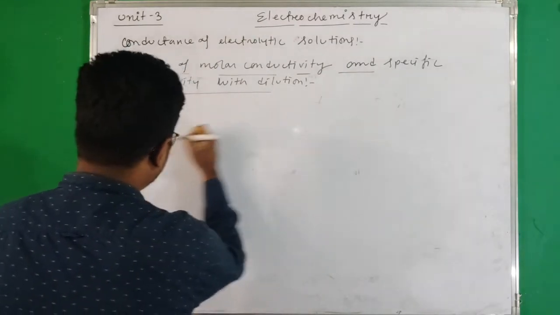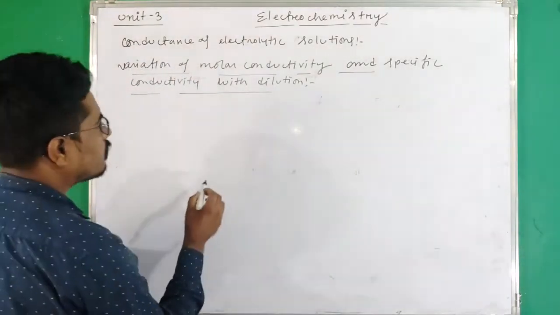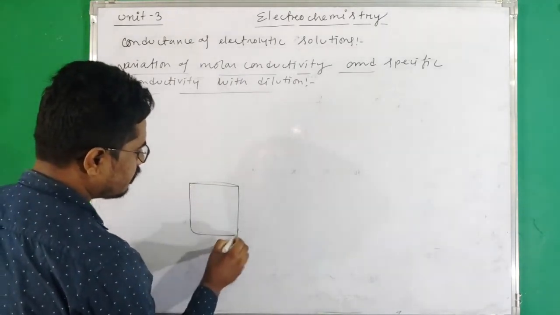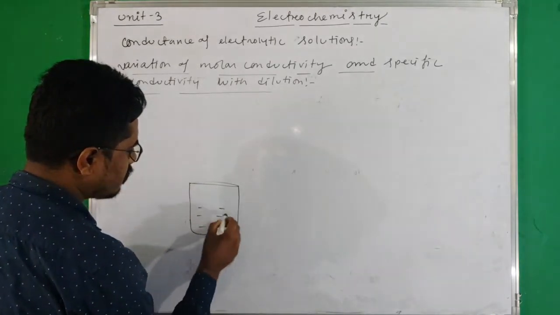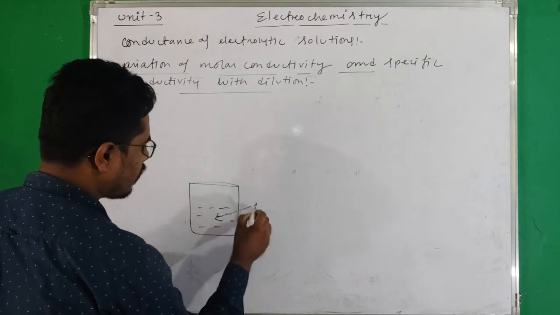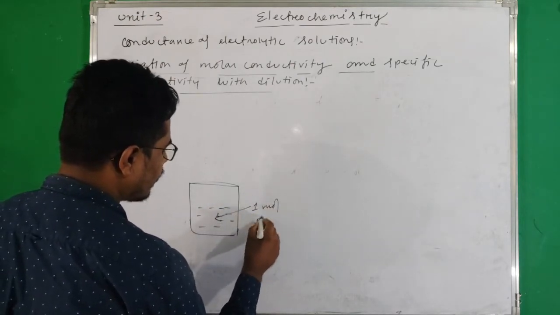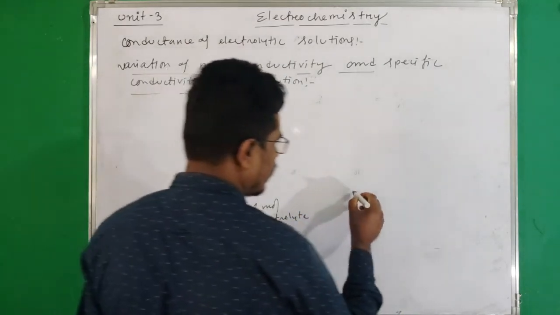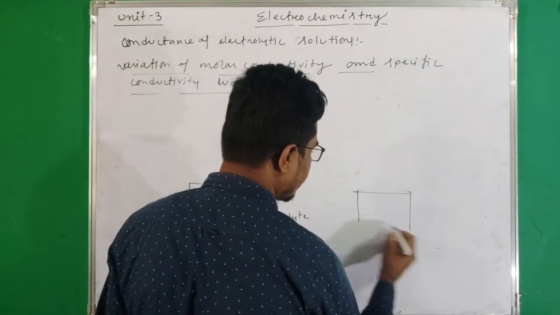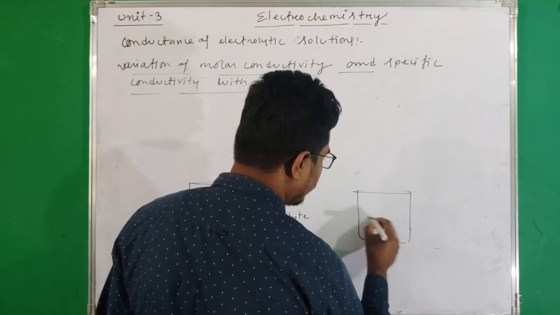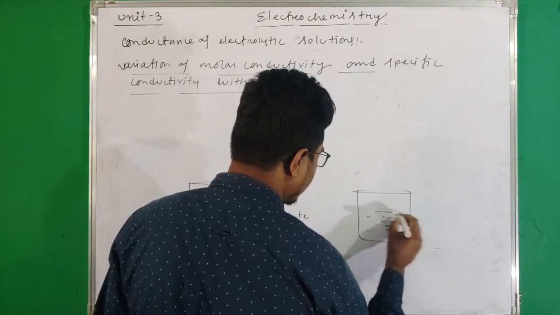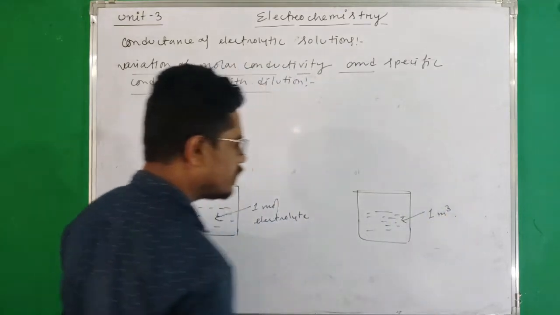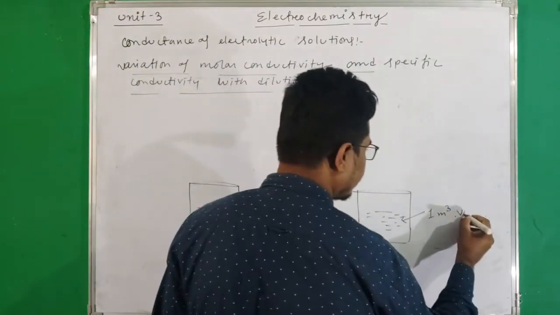So let us consider two electrolytic solutions. In the first one we have 1 mole of electrolyte, and in the second one the volume is fixed, that is 1 meter cube.